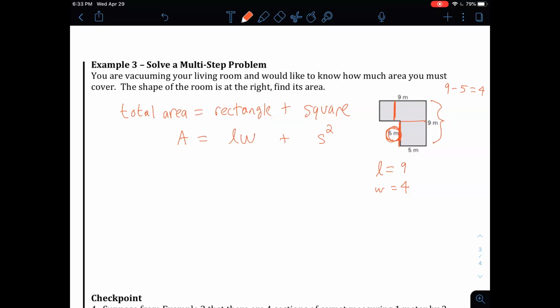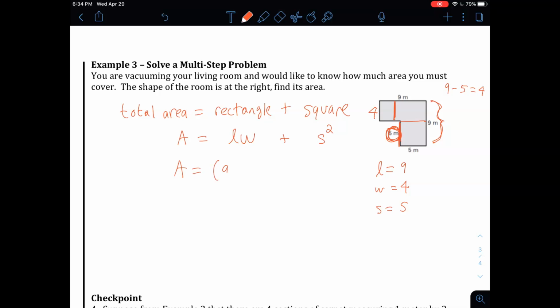Okay, and then the side length of the square is going to be what? It's going to be 5. Sometimes with these ones where you split them up, you have to figure out if the whole thing is 9, and this is 5, then you subtract 9 minus 5 to get whatever is left over, which is 4. So area is going to equal length times width.